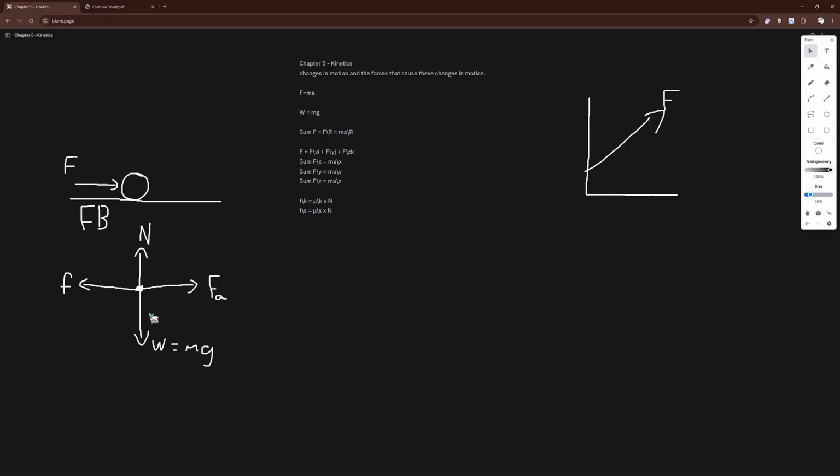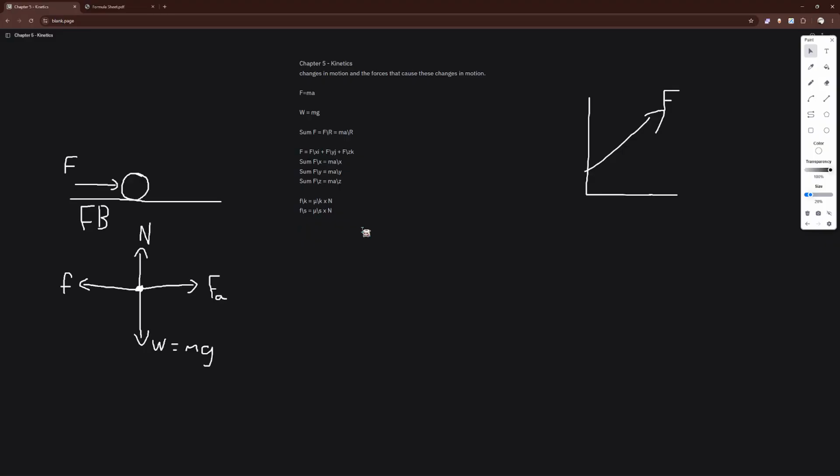So then you calculate Fs, static friction, and then you solve an inequality: Fa greater than Fs, and that's it. And then once it starts moving, you switch over to kinetic friction. When something's in movement, it experiences kinetic friction. But I'll explain that more in depth later, probably.